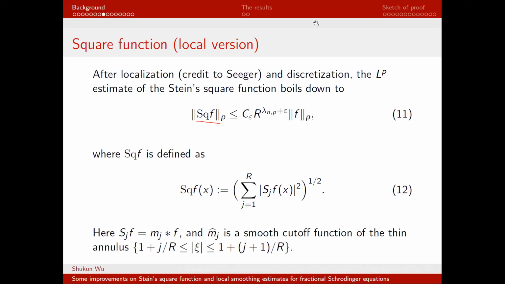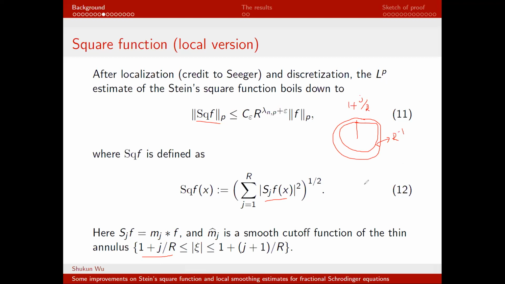Each S_j f is basically a smooth Fourier restriction on the annulus of radius 1 plus j over R. Each one is supported in this kind of annulus, with radius 1 plus j over R and thickness R to the minus 1.